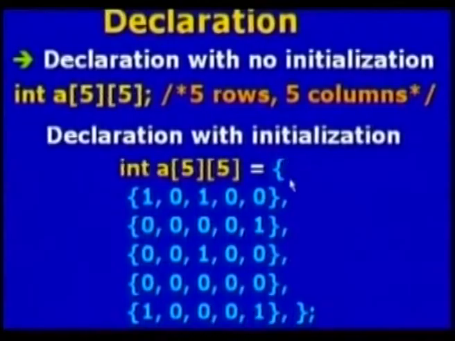The initialization goes between braces like this. So I say integer A of 5 and 5, 5 rows, 5 columns, brace, end brace. And then between separate braces, I put the entries of each row consecutively. So this is the first row, second row, third row, up to the 5th row. So the matrix in here is something like this.